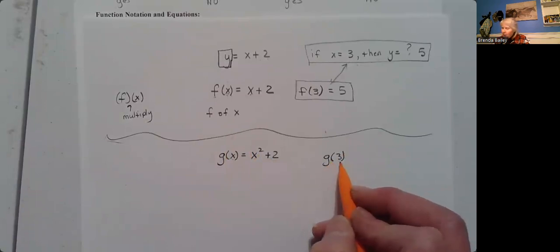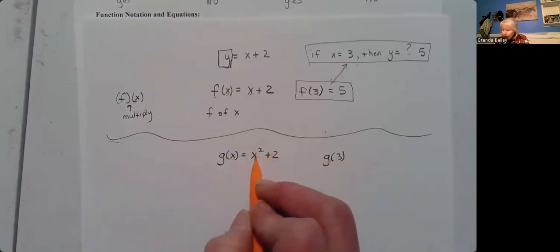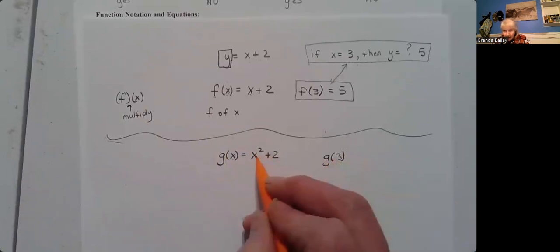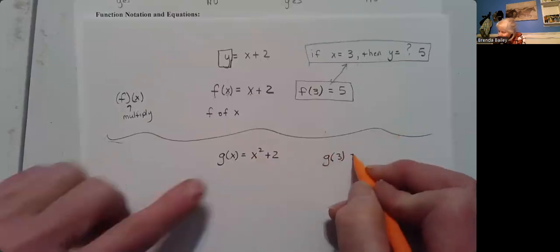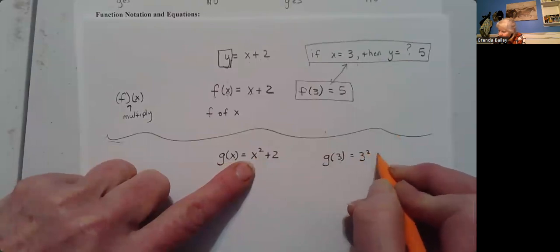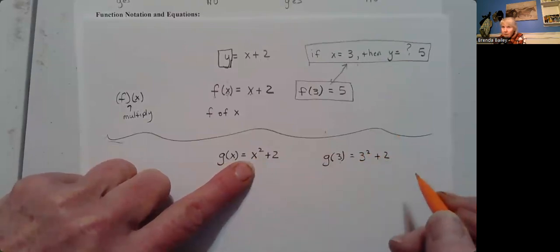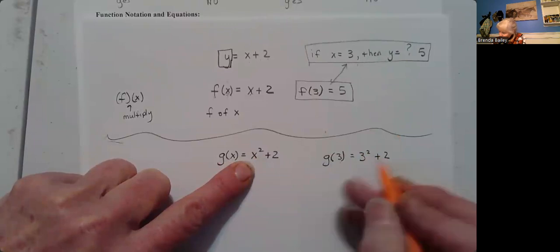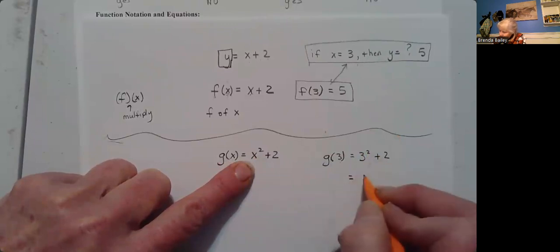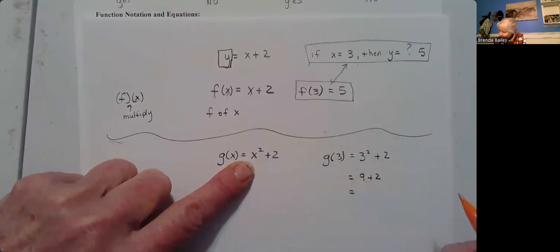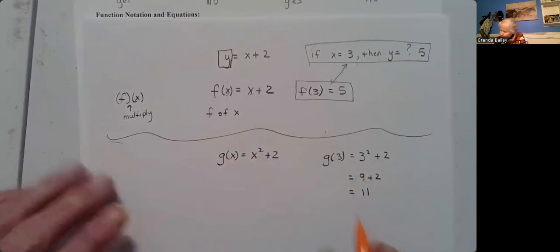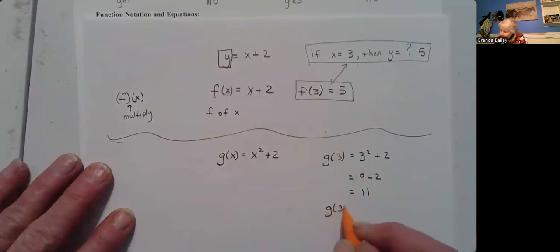All right, and this means you put 3 in for the x, put 3 into this x, and see what it equals. So if you do that, I'll actually write it out, because for some of you it's totally new. 9, or just type it into your calculator and let your calculator do the PEMDAS for you. So g of 3 is equal to 11.